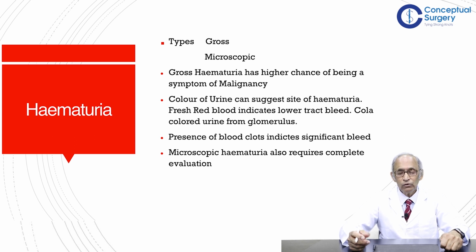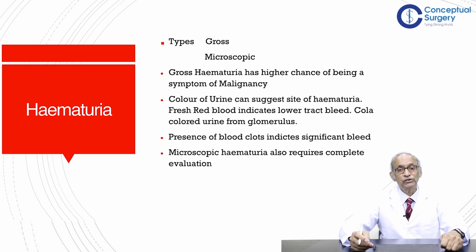And the color of urine itself should not be taken into consideration, because sometimes different agents can also produce colored urine. For example, if you see fresh red blood, that usually indicates a lower tract bleed, say from the bladder. And if you see blood which is cola colored, it's probably coming from the glomerulus, because during its passage down the ureter, it undergoes chemical changes, and therefore the color of the urine also changes.